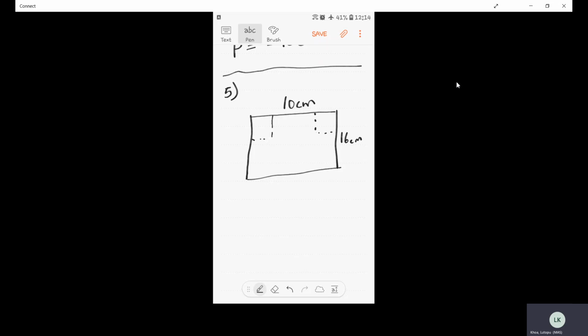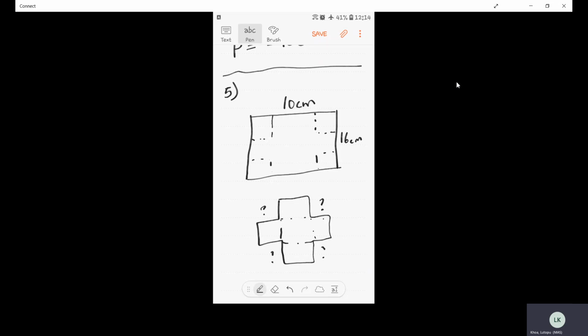And then when you end up with something like this, what you will do is you will fold the corners up, and then you end up with a box that is open at the top, which is what you want. Now the question is, what size squares should we cut out over here so that we have the maximum volume?